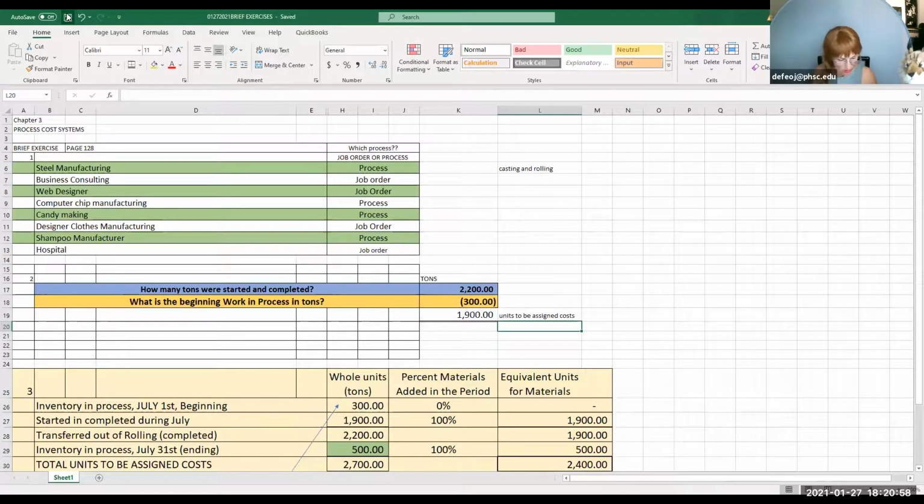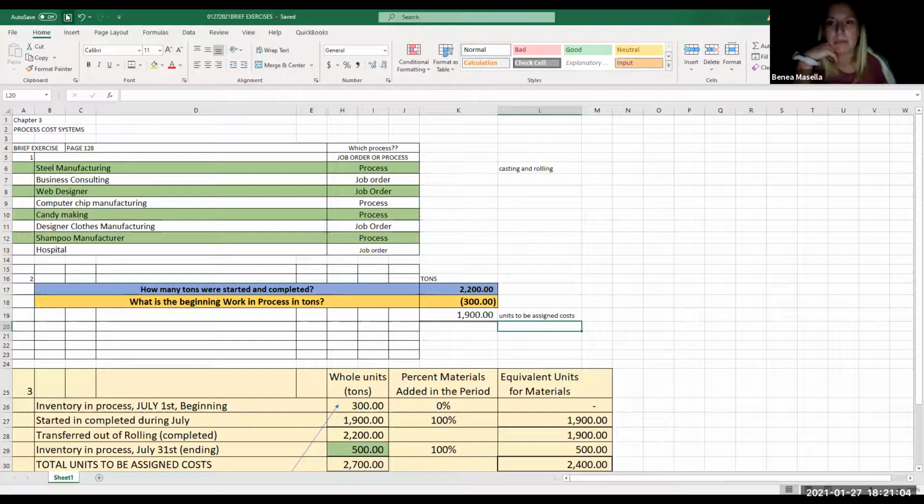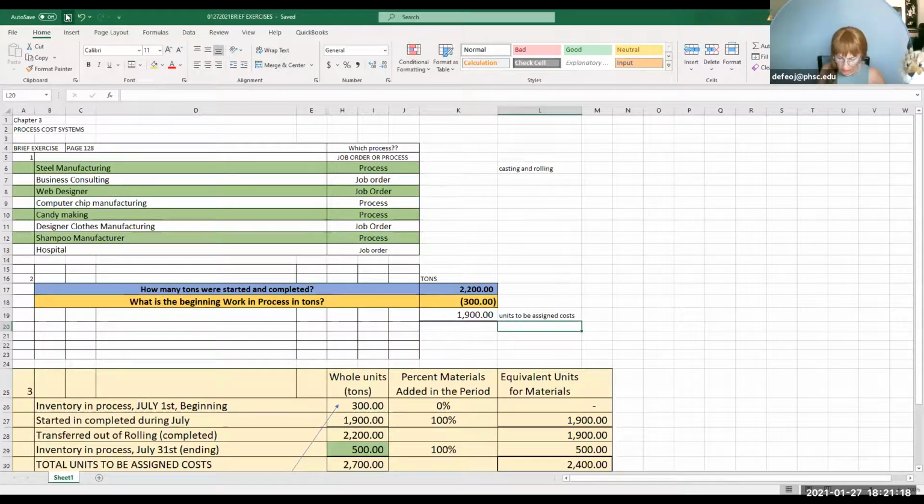So let me just see what else we have in here. Which assignment is PQ2? Let me go back to chapter 2. I want to just see if I wrote it in my book. Usually I do.